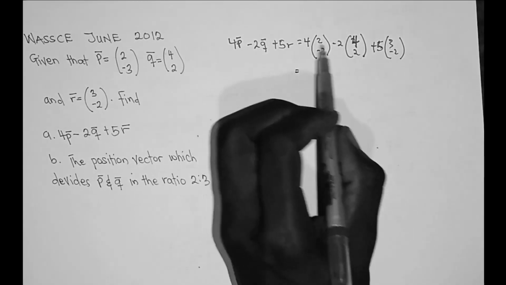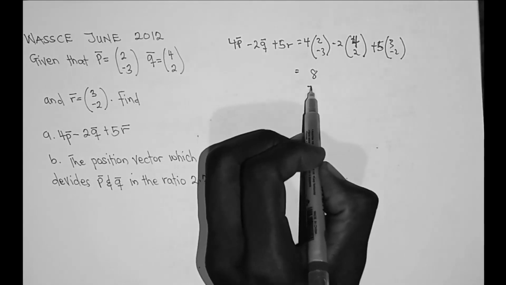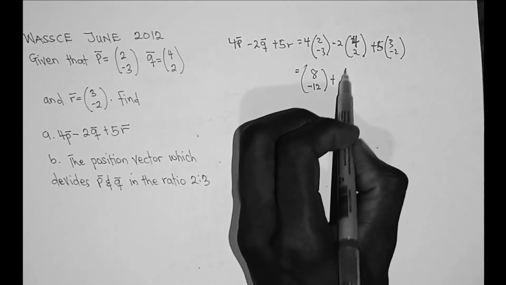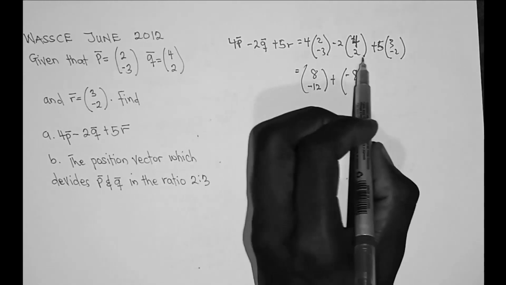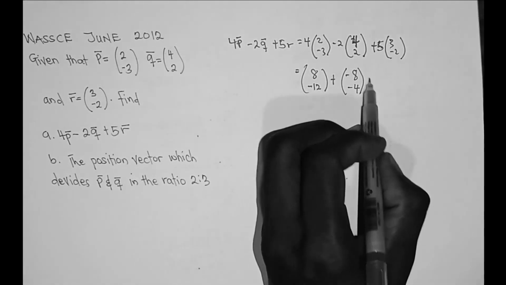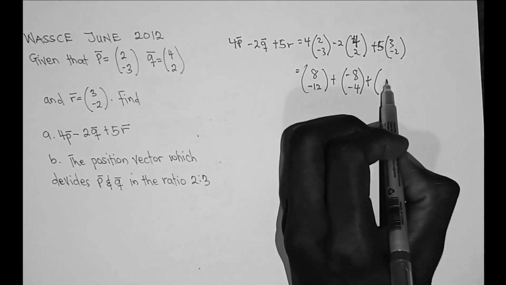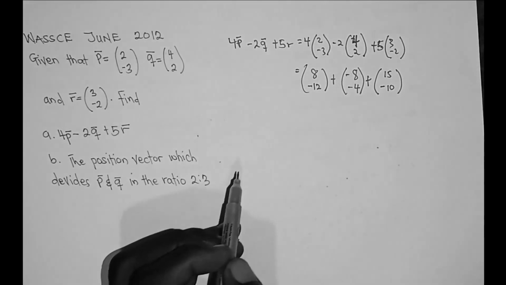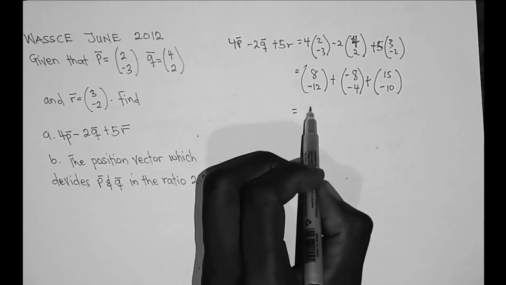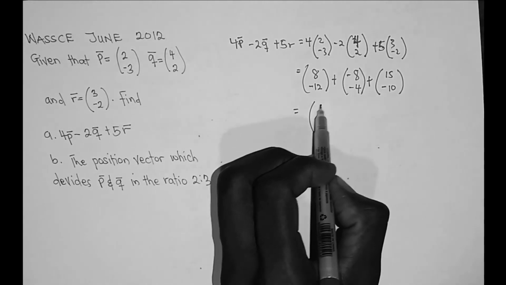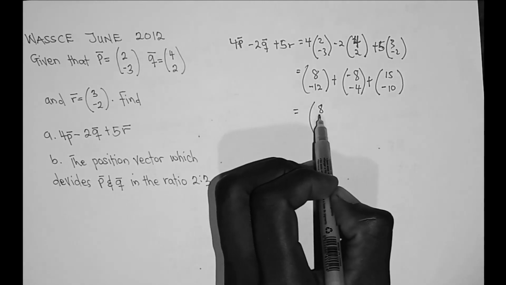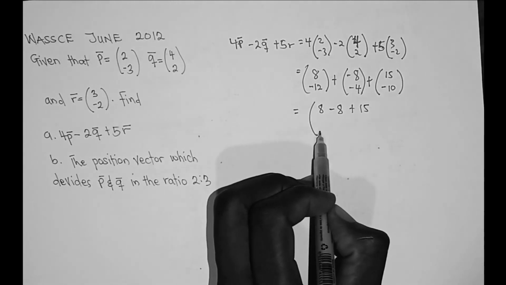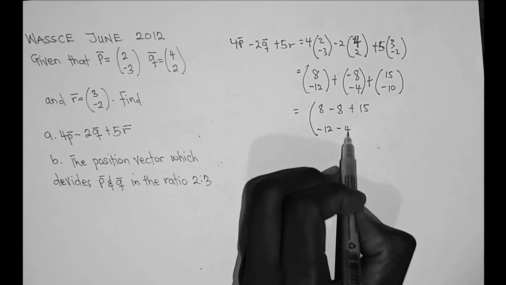So this is equal to 4 times 2 is 8, and 4 times minus 3 is minus 12. Then plus minus 2 times 4 is minus 8. Minus 2 times 2 is minus 4. Then plus 5 times 3 is 15. And 5 times minus 2 is minus 10. So let's write this as a single column vector. It's 8 minus 8 plus 15, then here is minus 12 minus 4 minus 10.